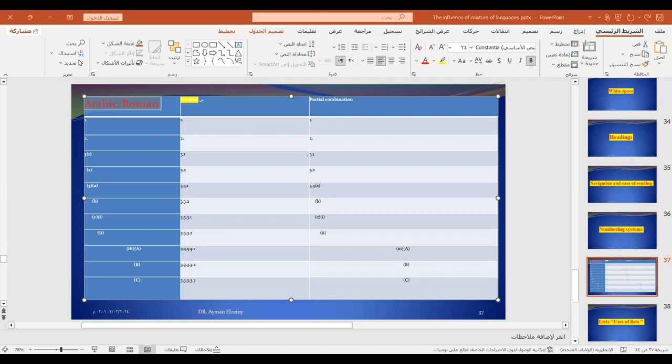However, three matters must be kept in mind. The first one, regarding the numbering system: numbering systems become cumbersome when they descend to more than three levels.